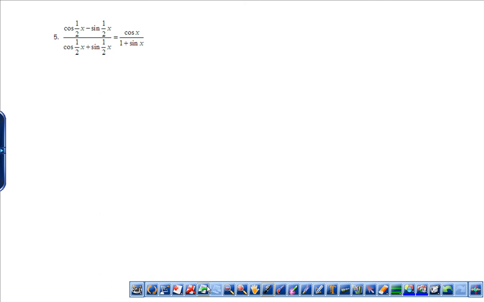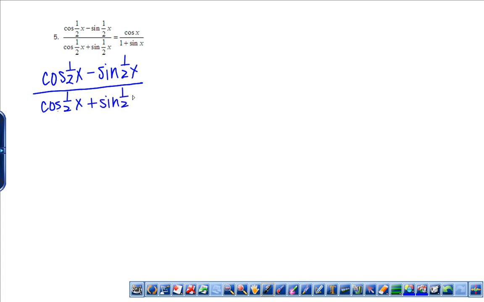Okay, so this one looks pretty psycho, but looking at my answers, I just need cosine and sine. So I'm not going to replace the answers that they have, those square roots. So I'm going to leave what I have here. I'm going to start with my cosine of 1/2 x, because this definitely is the hardest side, and leave the bottom as well. All right, so what can I do to make this more simple? And remember, conjugate is multiplying by either the top or the bottom.